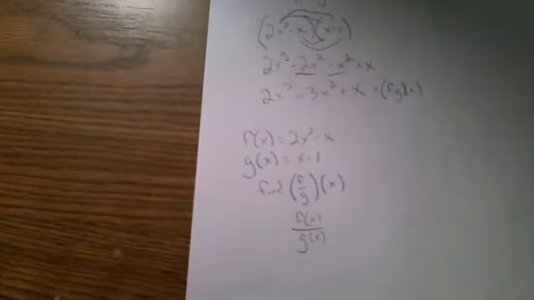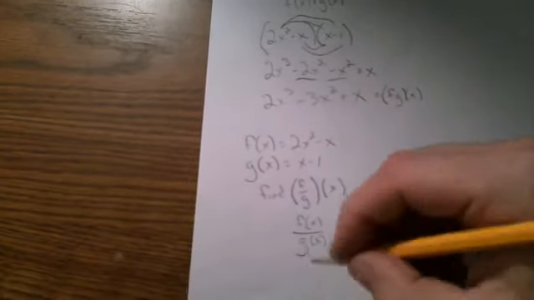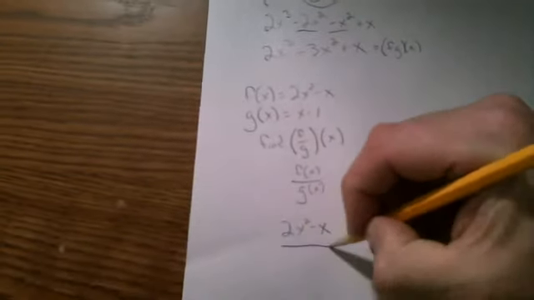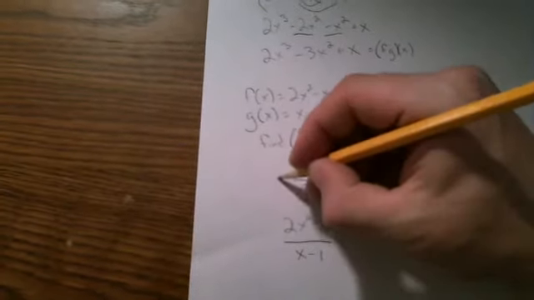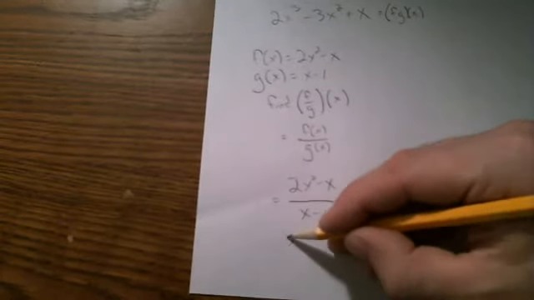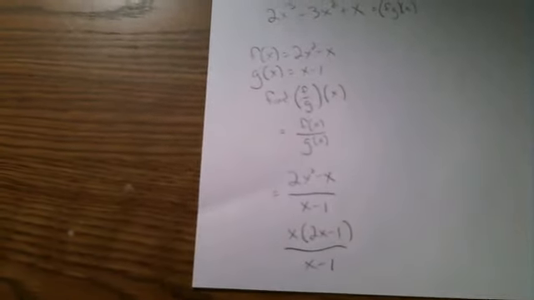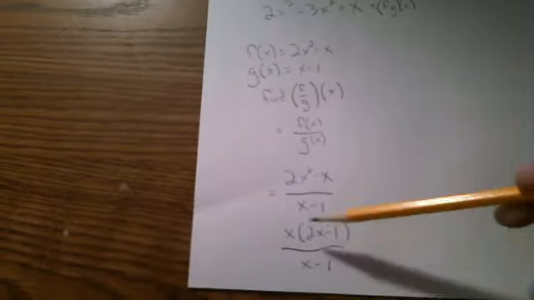So that's exactly what I'm going to do. I'm going to express these two as a fraction. Well, that would be 2x squared minus x over x minus 1. So we can simplify this fraction, and we have a GCF of x and the denominator cannot be simplified, so I cannot cancel anything.